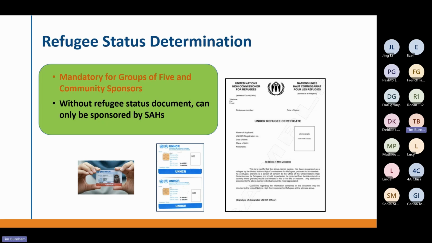So if you have a document and you're not sure if it's a refugee status document, you should look for those words that say they are a recognized refugee.